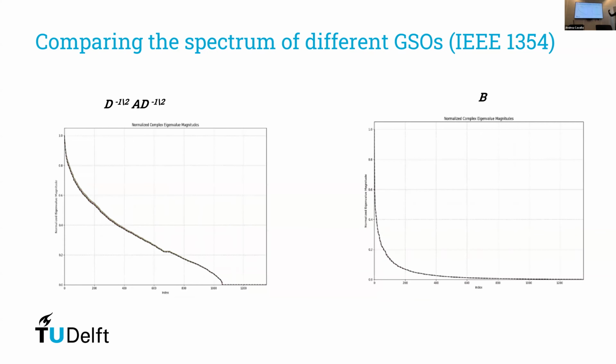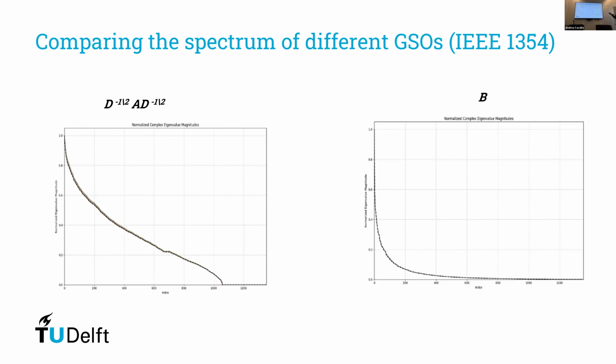And you have the same property as well in a very large grid, IEEE 1354 bus. From what we can see, the property holds across different transmission level networks. 39 bus is a small grid, 300 bus a medium grid, and 1354 bus a relatively large grid.